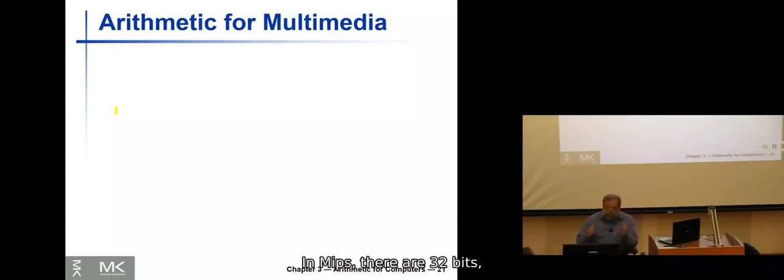And in MIPS, there are 32 bits. The ALU is 32 bits, and that's it. Why am I saying that's it? Because in some processors, even if the ALU is, for example, 32 bits, you can somehow tell the ALU to add 2 8-bit numbers together and the other 2 8-bit numbers together and not combine the result.